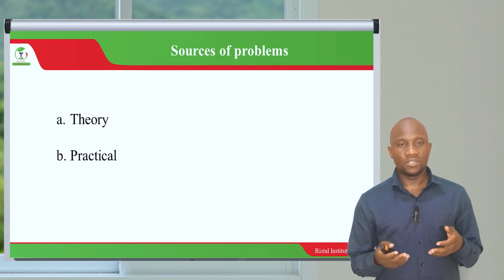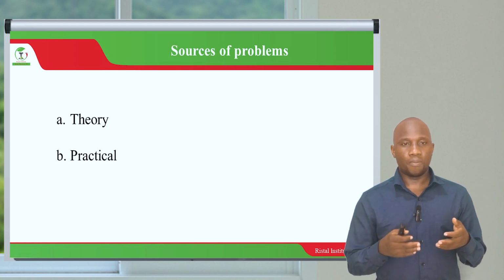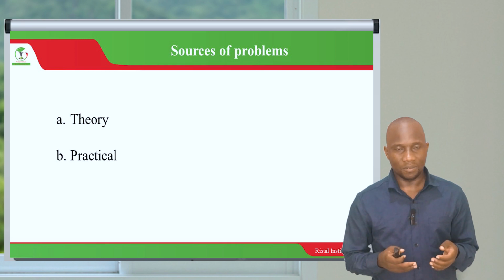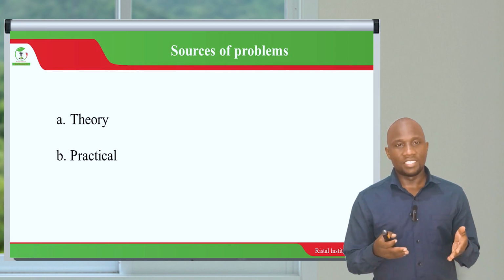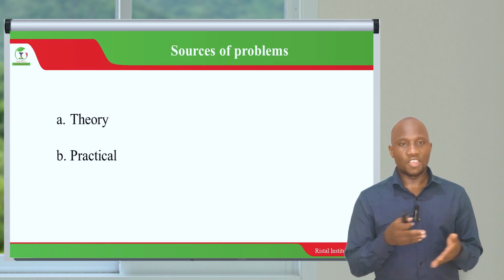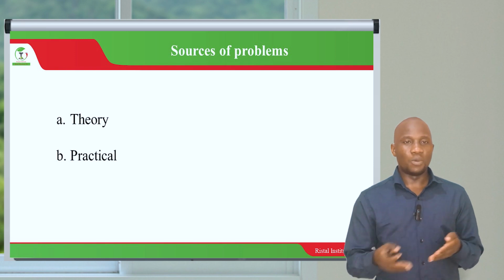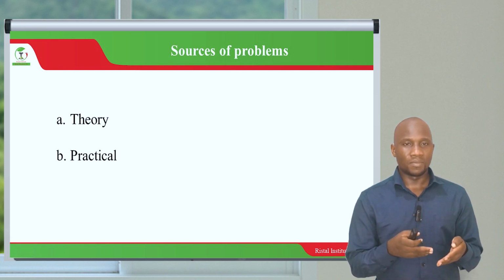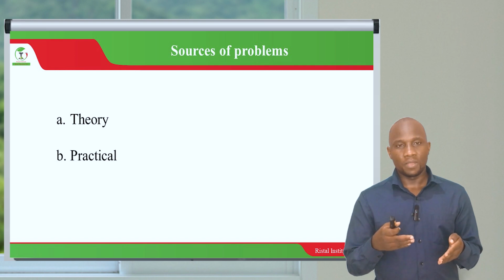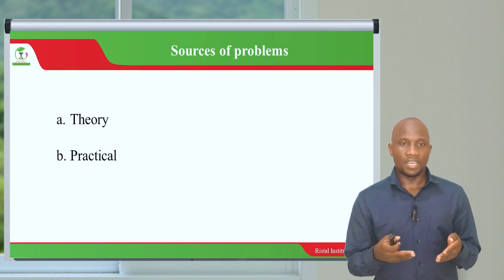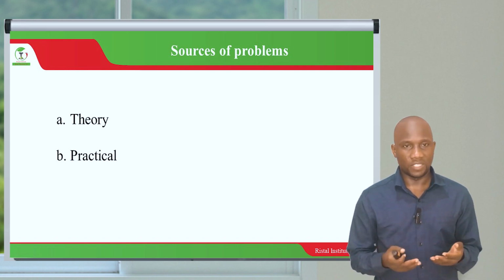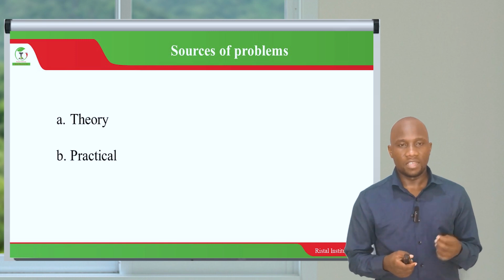So we can use practical perspectives or experimental research to prove certain theories. And we can also, based on theories, understand how certain phenomena are experienced within a given social setting. So these two things, theory and practical, are interlinked.